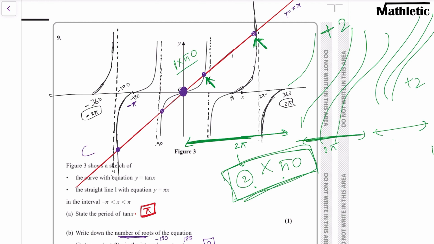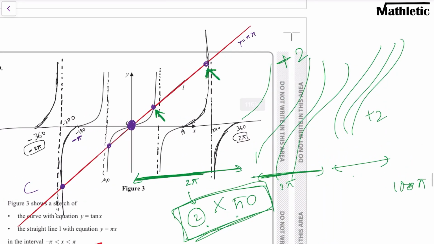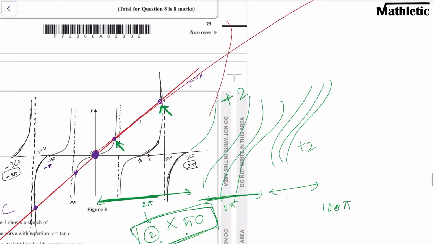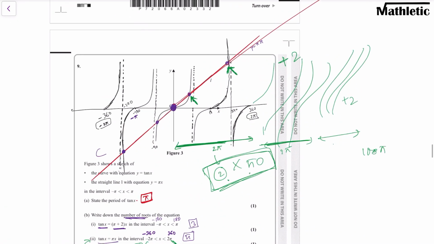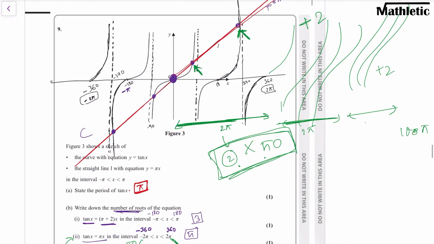We do not have 50 origins. We only have one origin, and the line will intersect the origin only once, but as it goes up, it will cut twice within a range of 360. For every single 360 cycle, we will have two more extra points, but not for the origin. At the origin, you will only have one single point, so it's fixed.